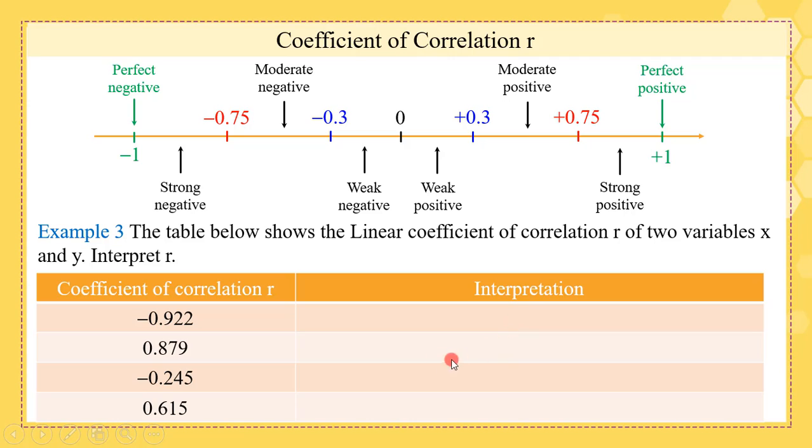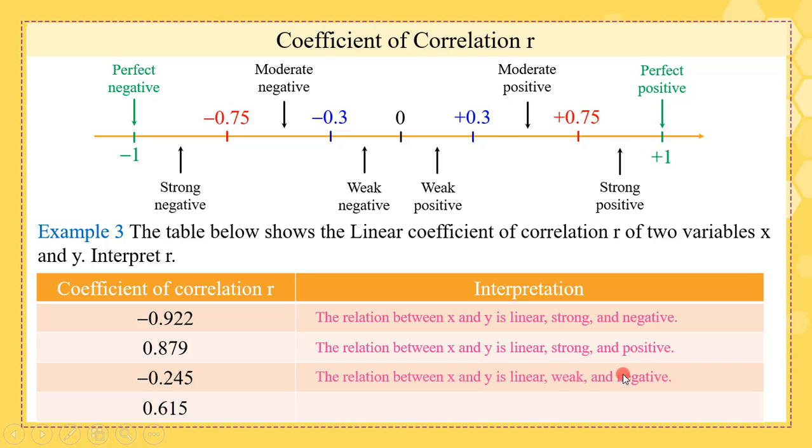Yes, strong negative. Here, strong positive. And here, weak. Here, it is moderate positive. So: strong and positive, weak and negative, and moderate and positive. And in all the cases, the relation between X and Y is linear.